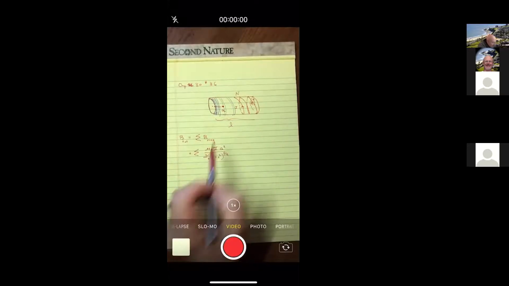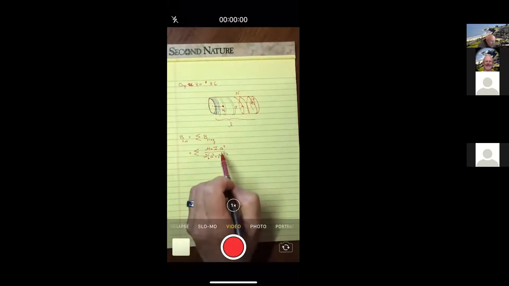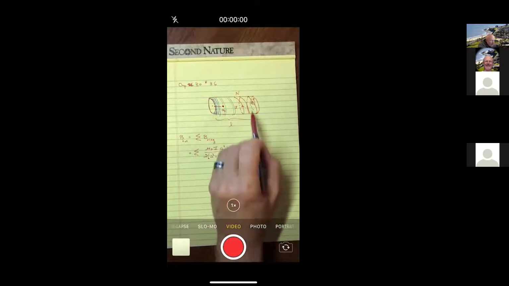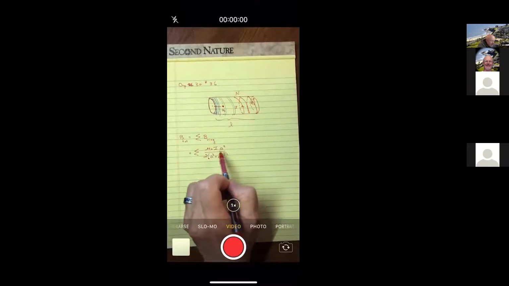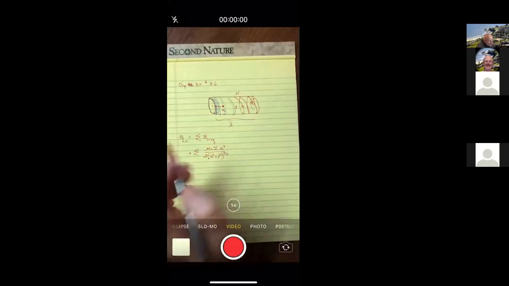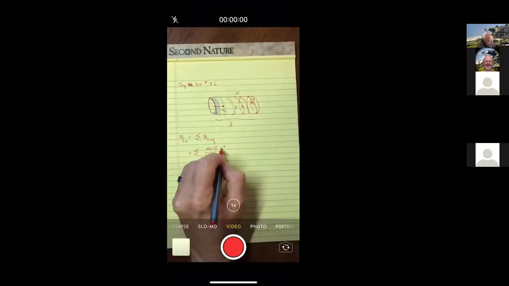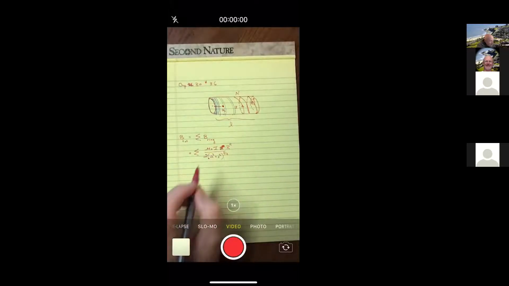And so we can get ourselves into trouble if we don't remember that, because A in our problem is not the same as this A. This is the radius of the ring. They're saying the radius of the ring is capital R. So maybe I should cross this out and put capital R squared. And the same thing here, cross this out and put capital R squared. Okay.